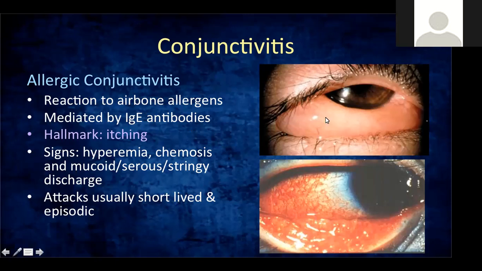So signs, you can see redness, you can see chemosis. This is the upper right photo, no? That's chemosis or swelling of the conjunctiva. The discharge for allergic conjunctivitis is typically what we call a stringy type or a ropey type of discharge.